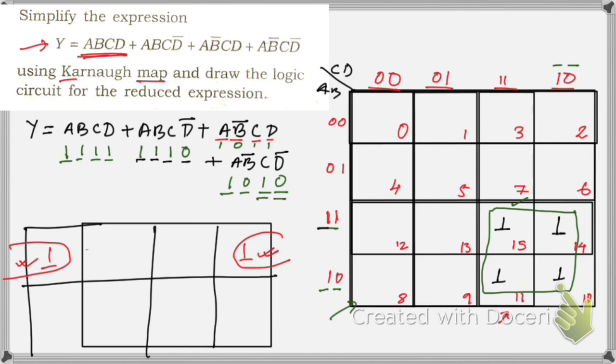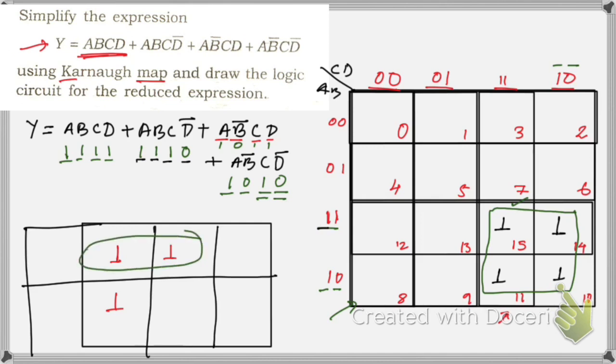Okay, now again you see, you can make a group of 6 also, you can make a group of 8 also, depending on the K map. And here you see, suppose you have one here, then another one here, you can overlap. You have made pairs here, and you cannot make a group of these odd ones.